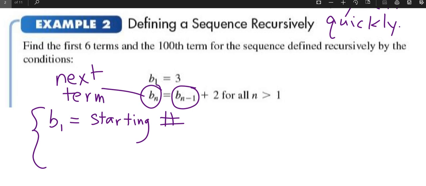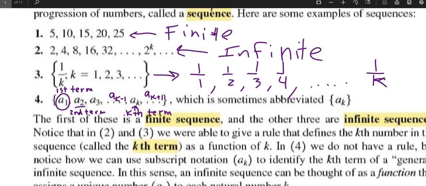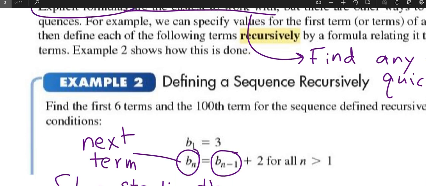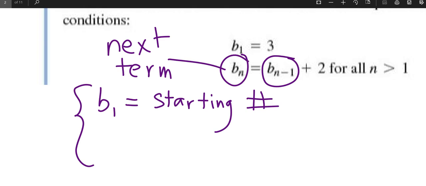Well, remember a little while ago with the a sub k stuff, we talked about how any old term, a sub k minus 1, would be the previous term, the one before it. So we're going to use that concept here. So this represents the previous term.